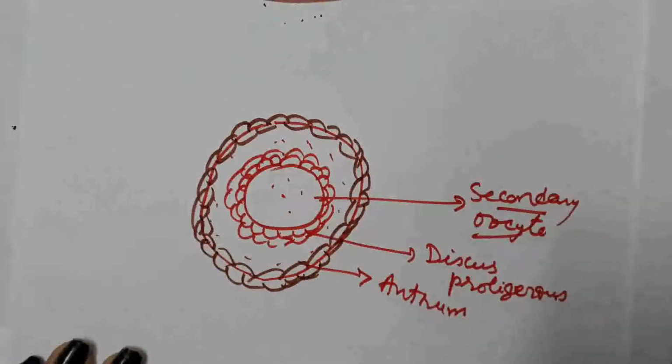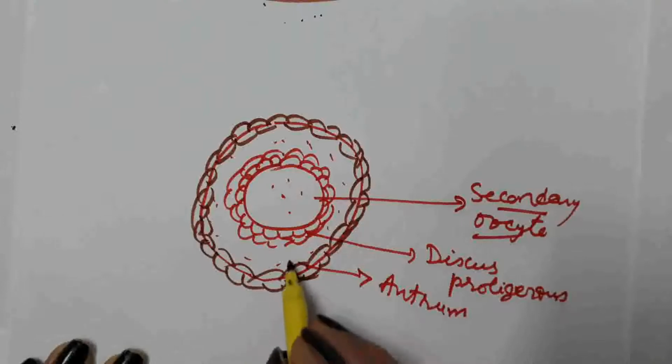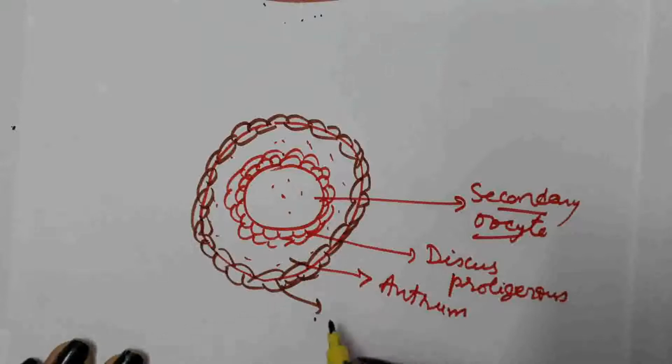The layers present around the antrum are known as the membrana granulosa.